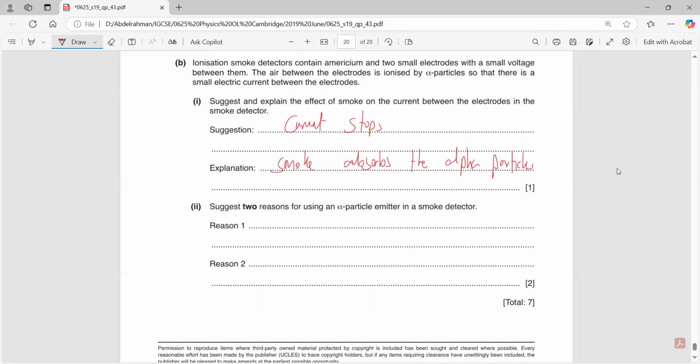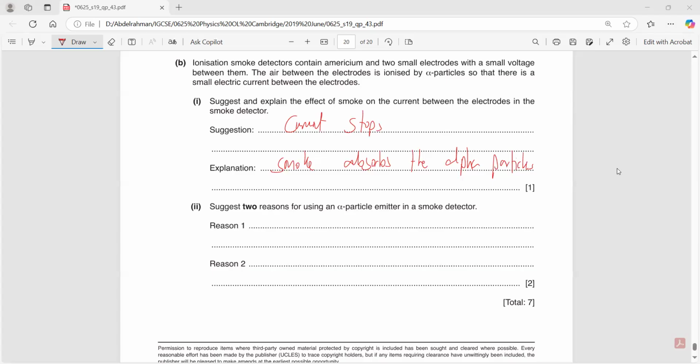Suggest two reasons for using an alpha particle emitter in a smoke detector. Why would we use alpha particles instead of, for example, gamma or beta particles? First of all, because of the ionization effect. This is the most important part. And second of all, you can say that alpha particles are safer, because the distance that they travel is very short.